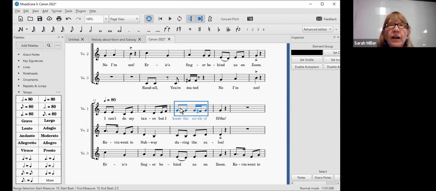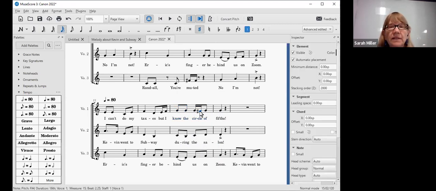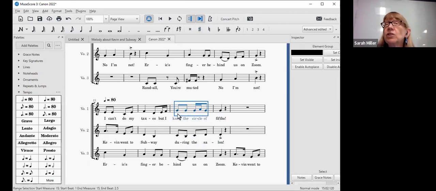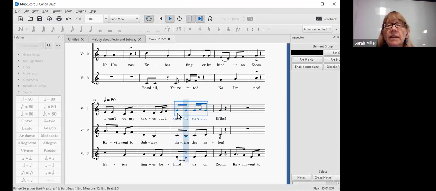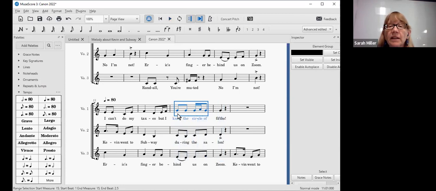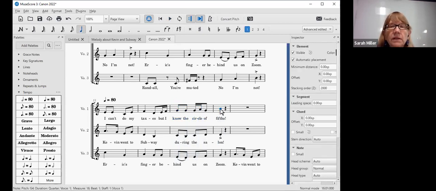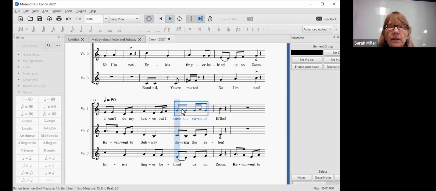Know the circle of. Was it better than just singing Gs? And then here, are we happy with an open fourth? Or do we want the B?